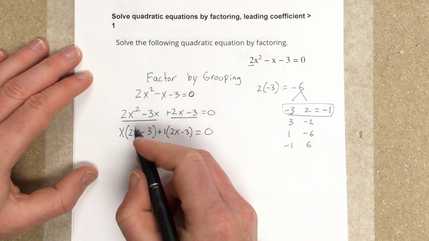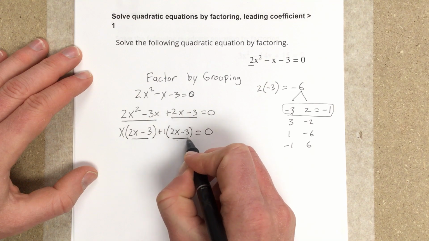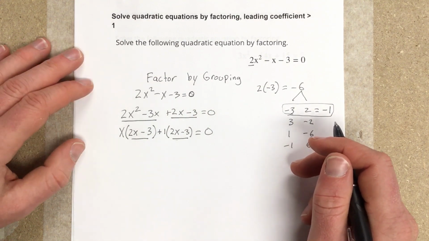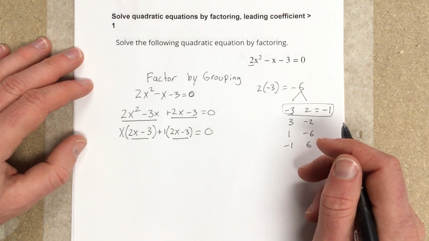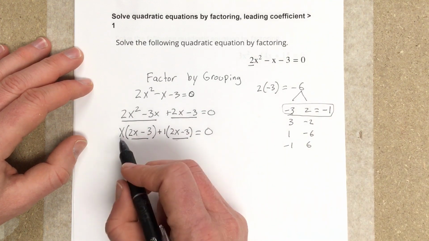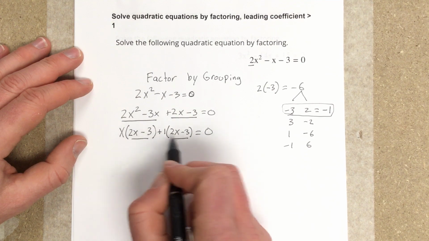Now, if I get the same terms inside the parentheses, then factor by grouping is working. If I don't get the same thing, then factor by grouping is not working, and it might be a quadratic that is not factorable.